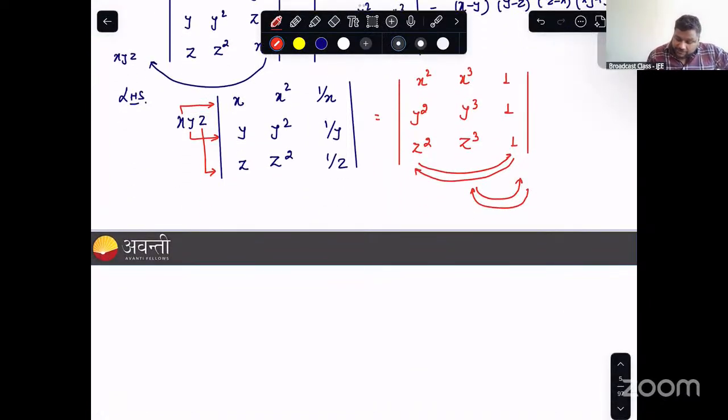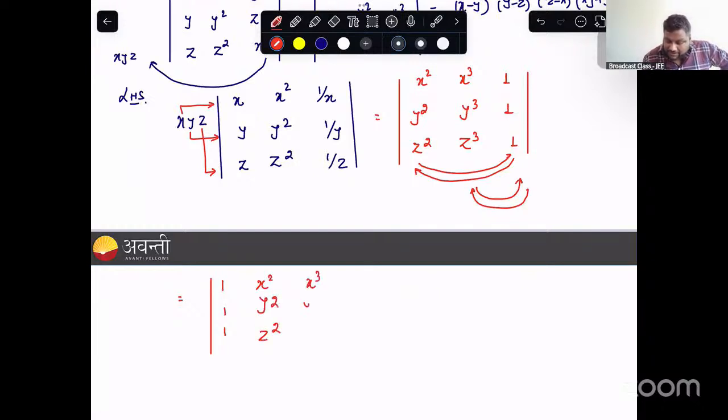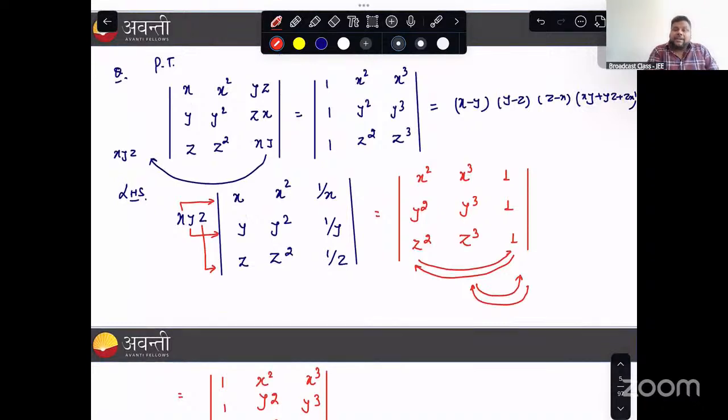So with this procedure, your first row becomes 1, 1, 1. Second row will be x square, y square, z square. And third will be x cube, y cube, z cube. So this is how we complete the first part of the question.